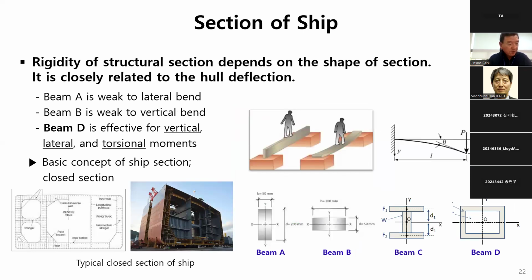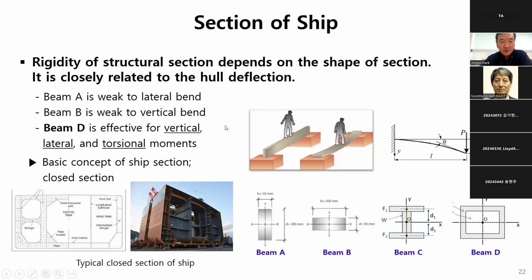Section of ships. Section of ship is one of the themes when we design a structure, because the rigidity of the structural section depends on the shape of the section. It's closely related to hull deflection.